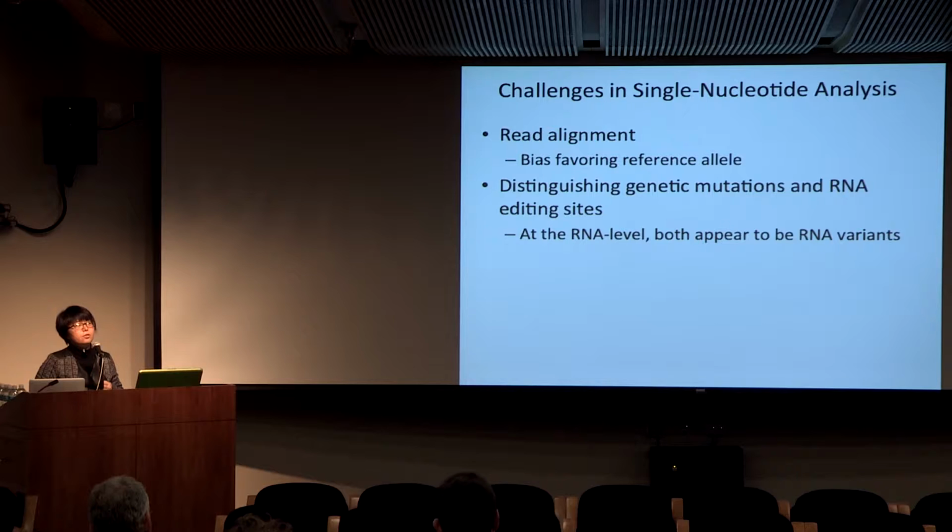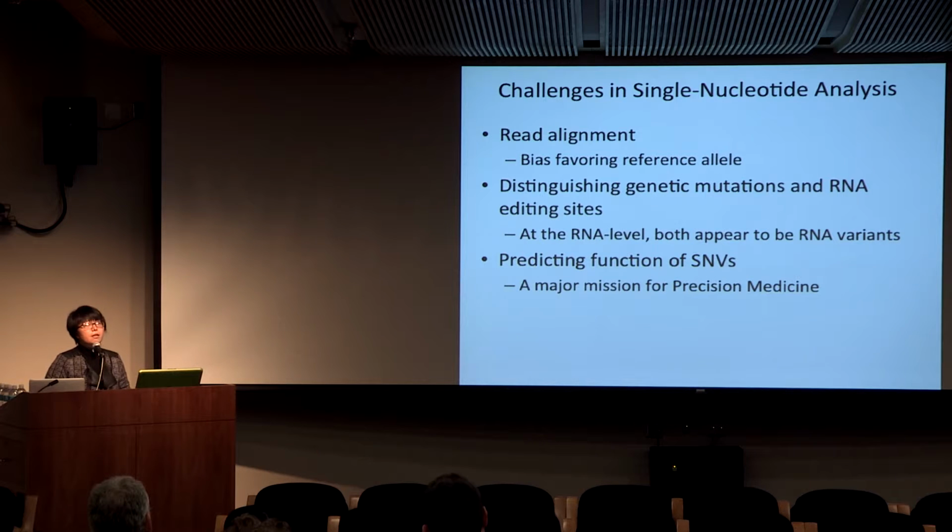The second challenge is to distinguish genetic mutations and RNA editing sites, because at the RNA level, they both appear to be RNA variants. Without knowing the genome, you're not sure whether it was genetic or a post-transcriptional modification.